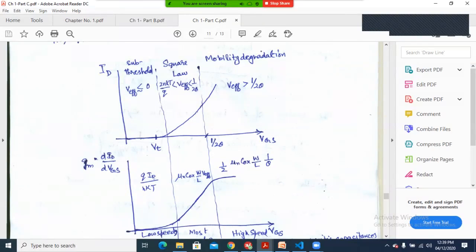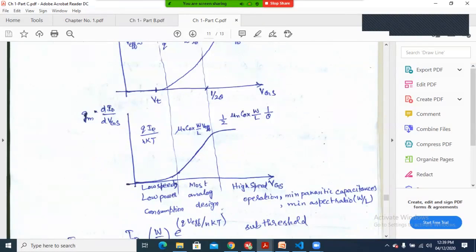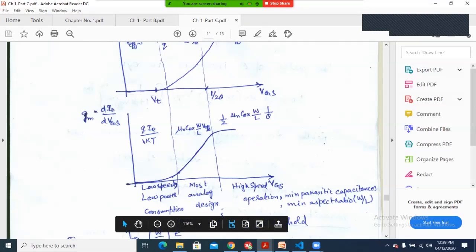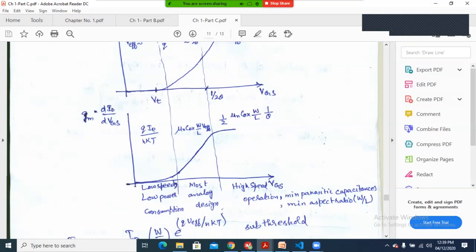But the value of GM is linear in the active region, and the behavior of ID is also linear in this region. So usually the analog design is performed in the active region. Mostly we design an analog circuit in this region.